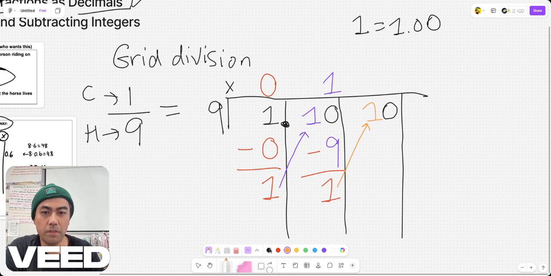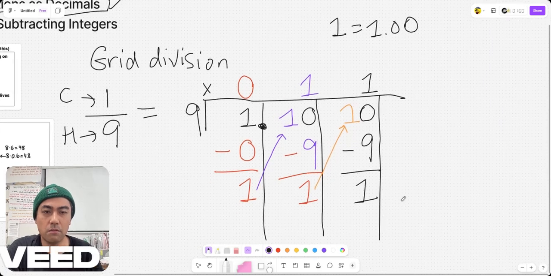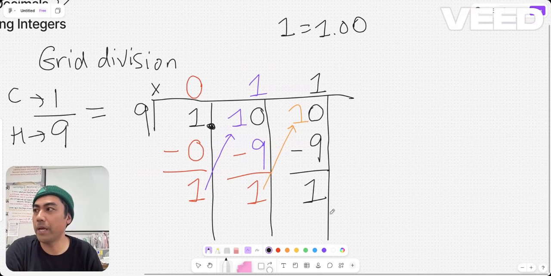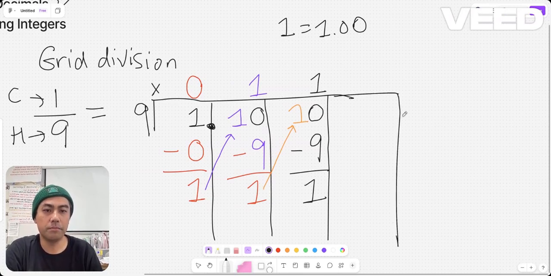Let's keep going. How many 9s go into 10? 1 again. 9 times 1 is 9. Subtract. Oh man, my remainder is not 0. I got to keep going.